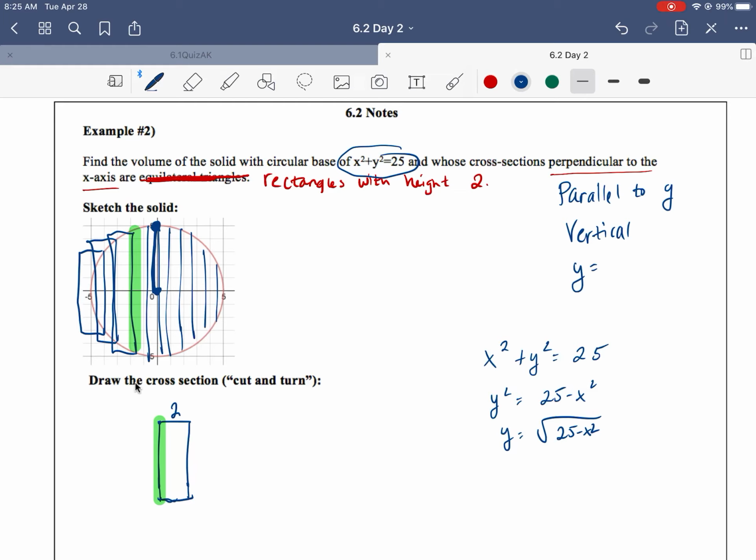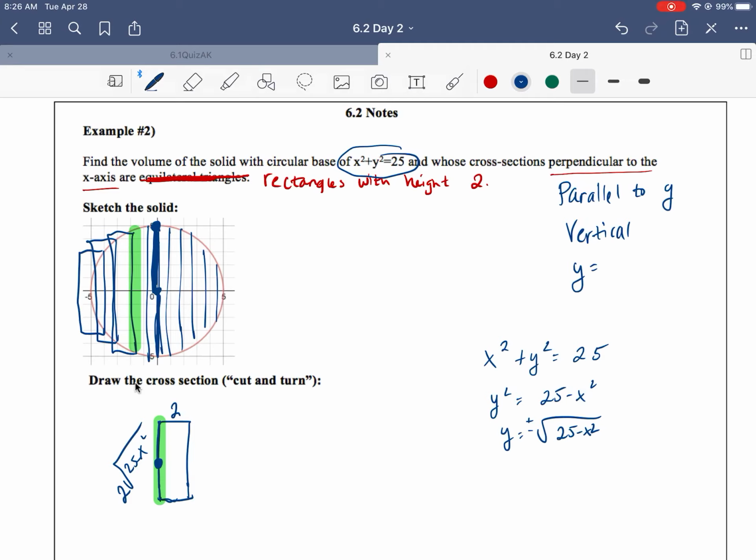But the rectangle isn't just representing this 5, it would also be the other side of that circle. So similar to yesterday when we solved with square roots, we needed a plus and minus. In order to get the complete distance, we have to multiply this by 2. So it's 2 square root 25 minus x squared. Okay, because of the symmetry.